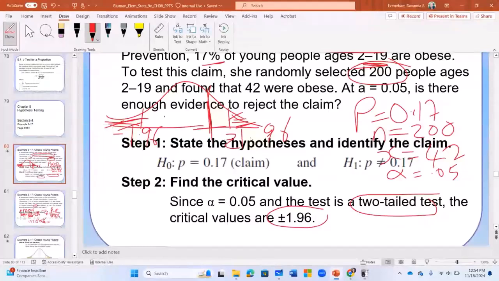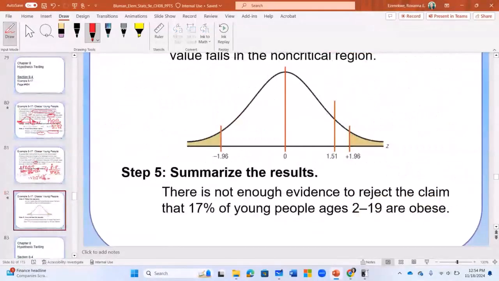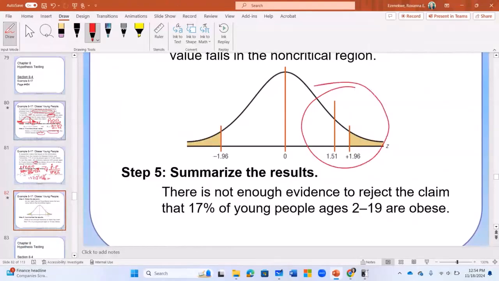All right, the next thing I want to do is test this claim also using hypothesis testing. So you see that the test statistic falls into the acceptance region. There is not enough evidence to reject this claim that 17% of young adults from 2 to 19 are obese.